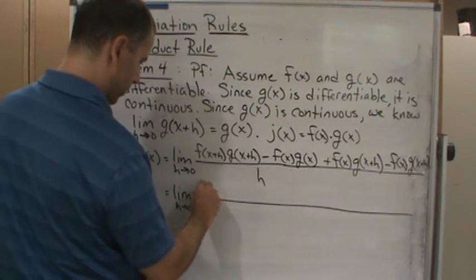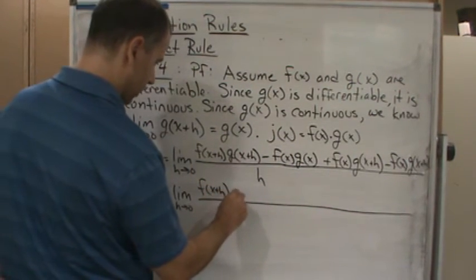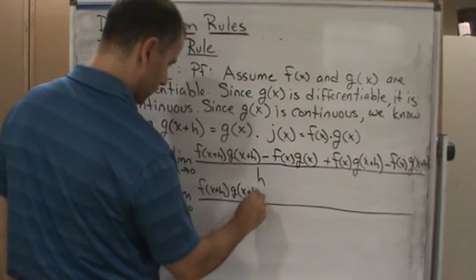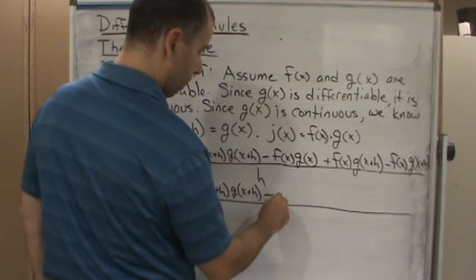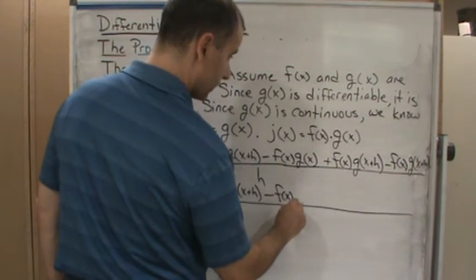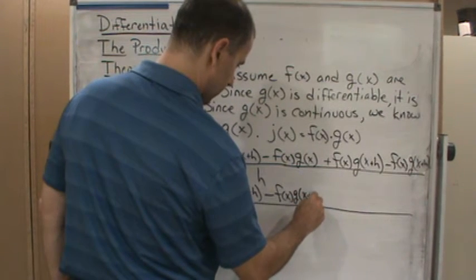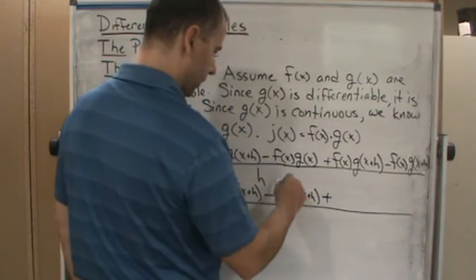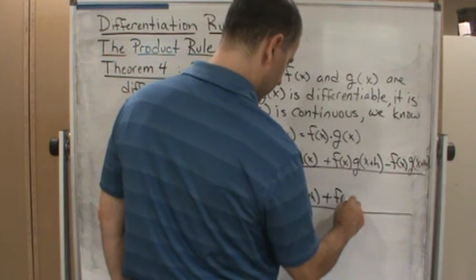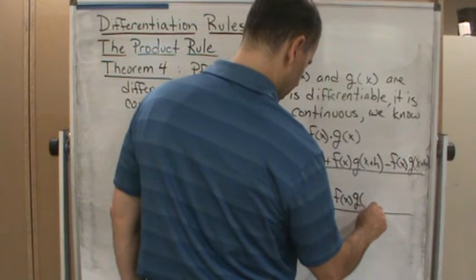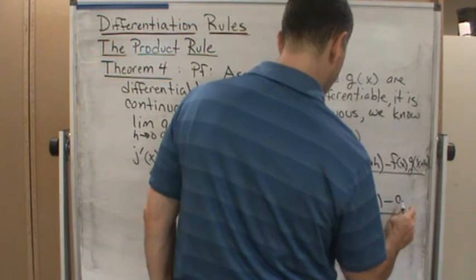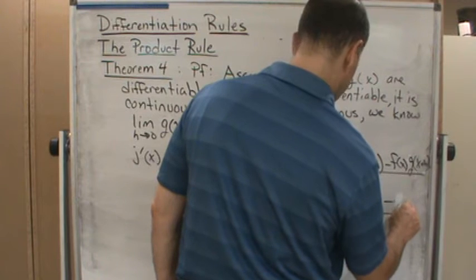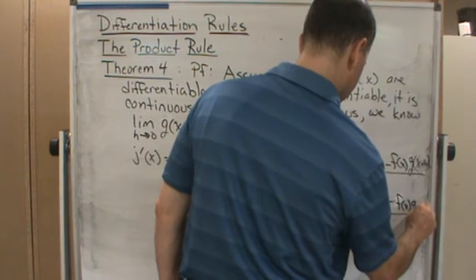So what I want to do is f of x plus h times g of x plus h minus f of x times g of x plus h, plus, now I'm going to add the same thing, plus f of x times g of x plus h, minus f of x times g of x.